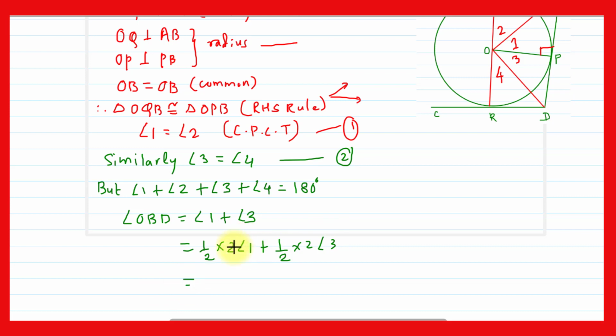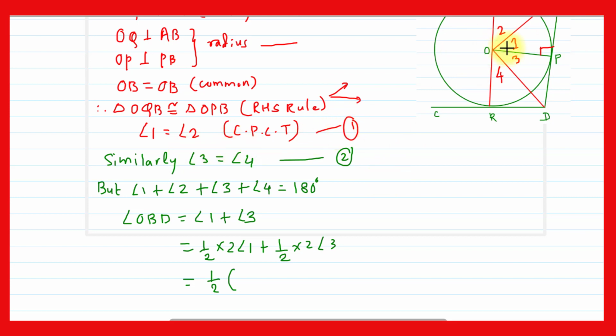So here this twice of angle 1, if half is taken as a common factor inside the bracket, twice of angle 1 can be written as angle 1 plus angle 2, because both the angles are equal. Angle 1 and angle 2 are equal from 1.